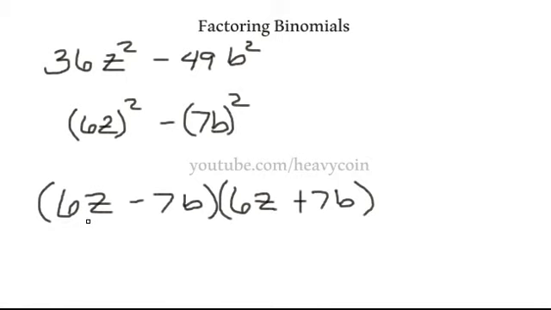Alright, and of course you can always test this out by multiplying these two polynomials together here. This would be considered to be a polynomial, and this term here is a polynomial, or even a binomial. And if you were to multiply this stuff out, you should get back what we started with.